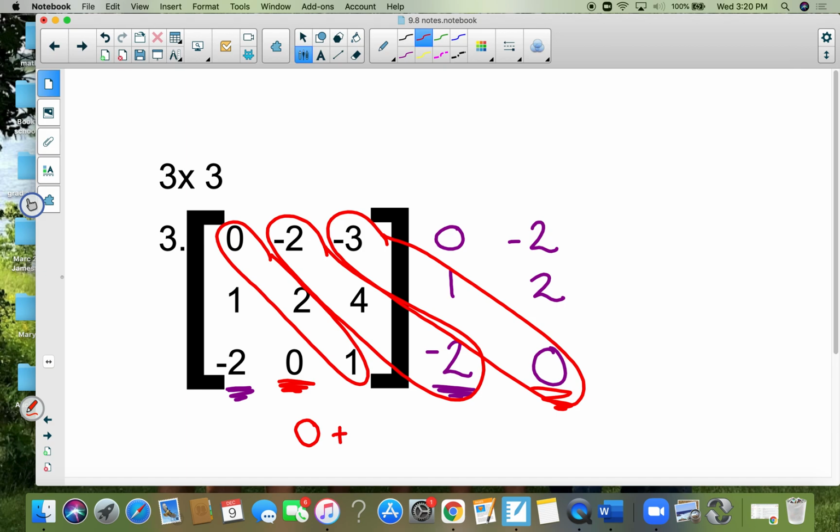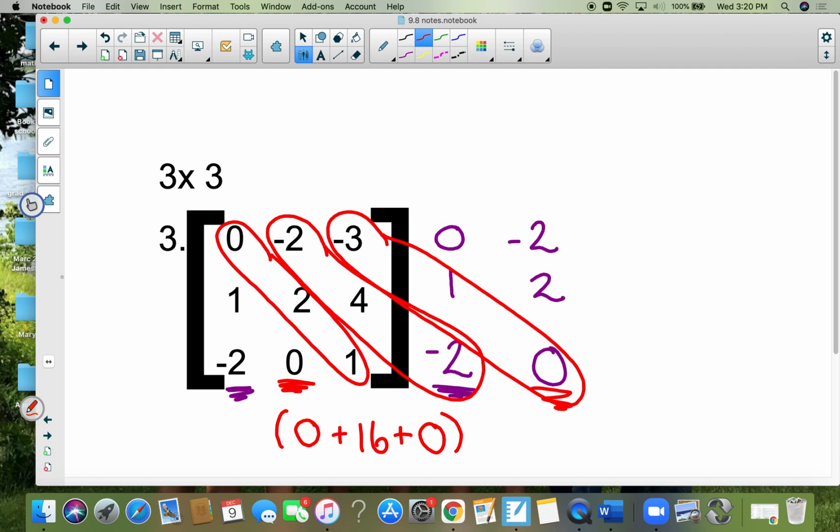Then put a plus sign because the diagonals are all in the same direction. Negative 2 times 4 is a negative 8 times a negative 2 is 16, plus the last diagonal, which also equals 0. So far so good.